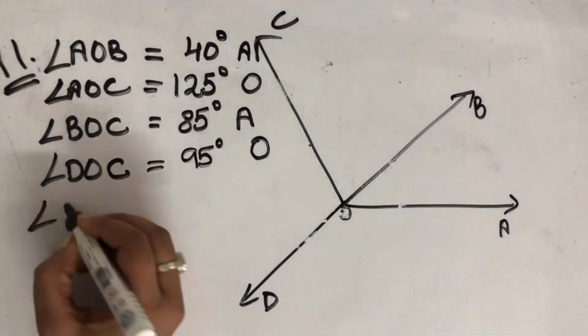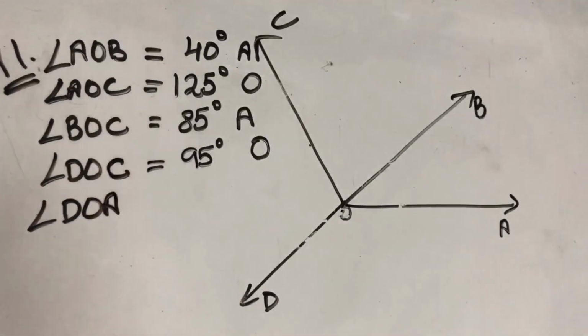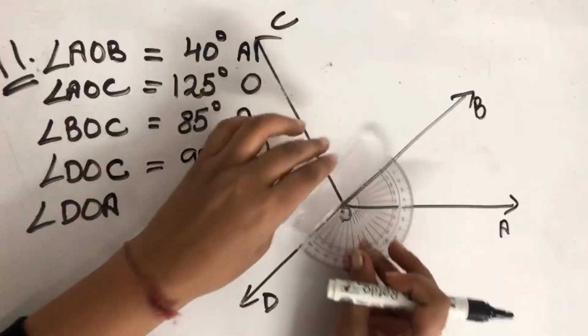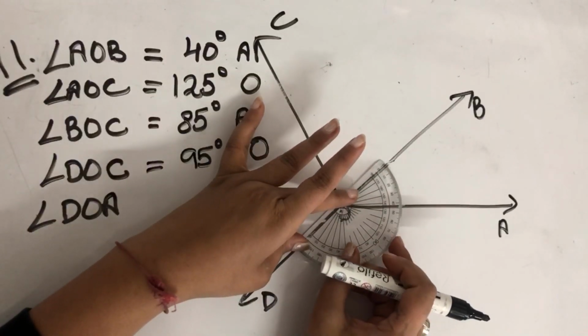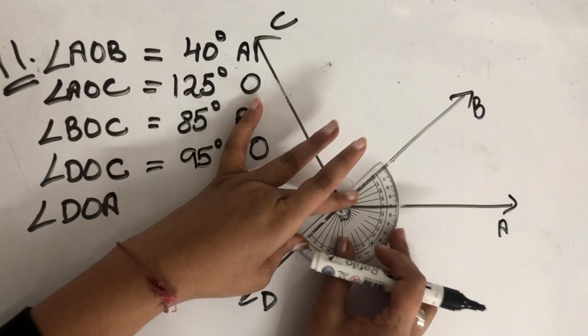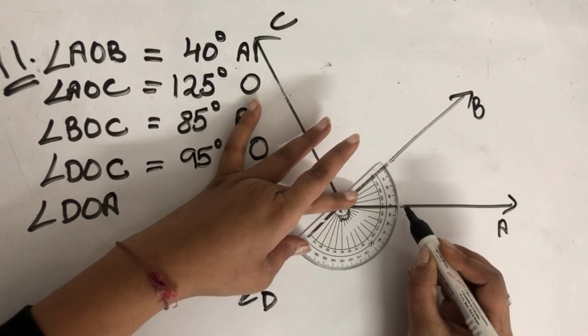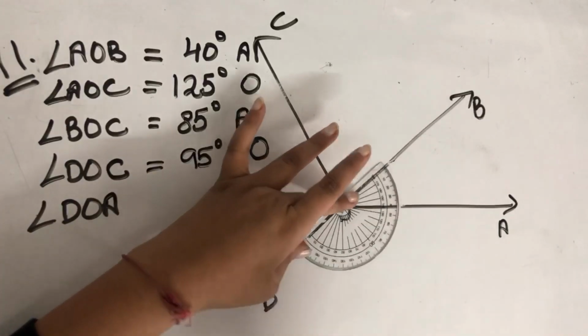Now angle DOA. It means you have to keep your protractor here and measure the angle. So now this line is coinciding with 140 degree.